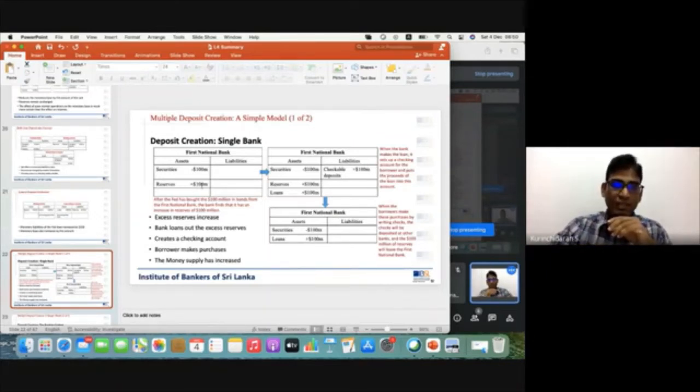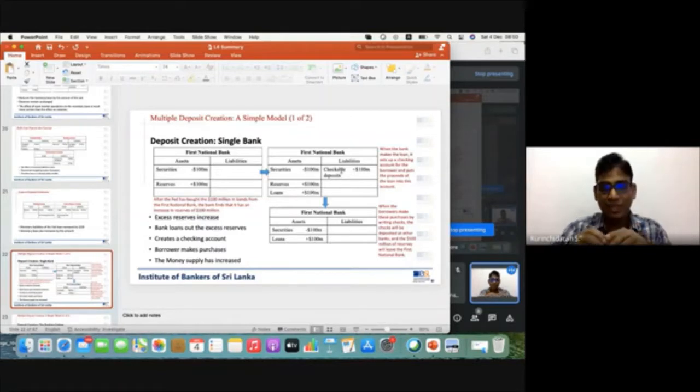The first table, after the Fed has bought the 100 million in bonds from the First National Bank, shows the bank has an increase in reserve of 100 million. And second, when the bank makes the loan, it sets up a checking account for the borrower and puts the proceeds into this account.